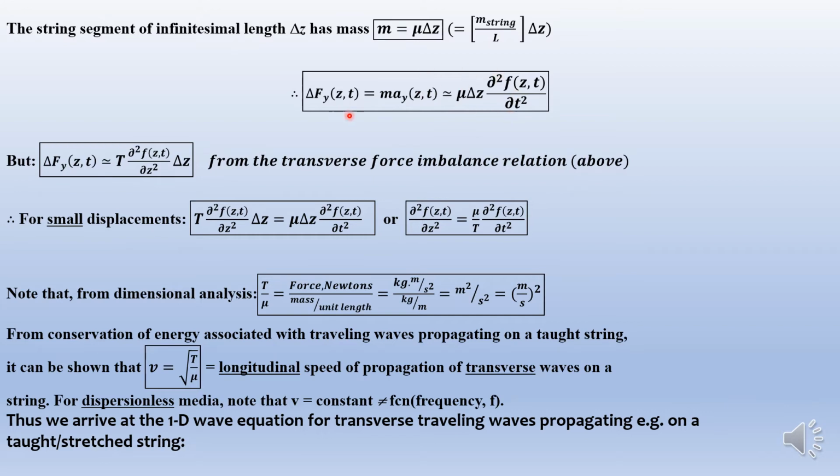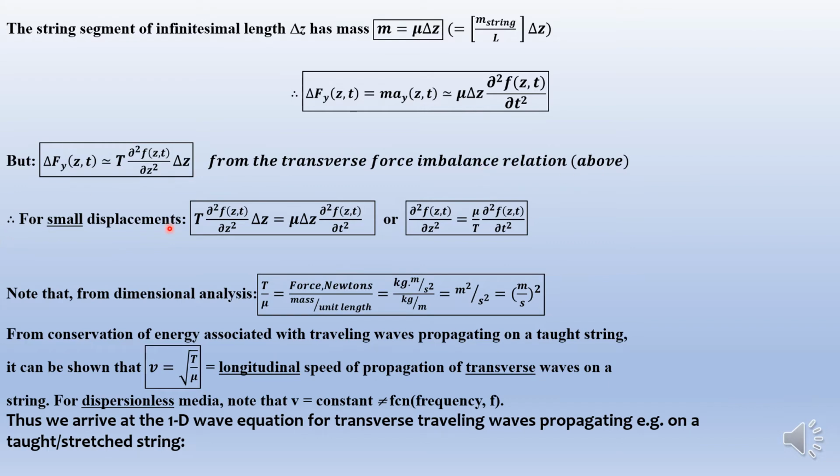We have put the values of a y of z t, which is called the transverse acceleration, and mass, but del f y of z t is approximately equal to T into partial square f of z t over partial z square del z from the transverse force imbalance relation above.